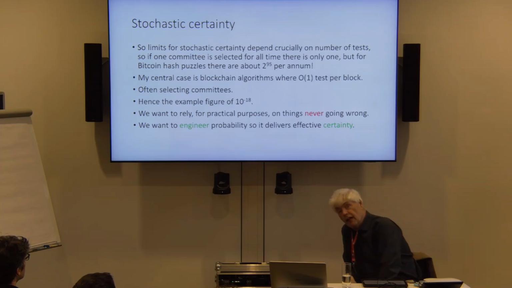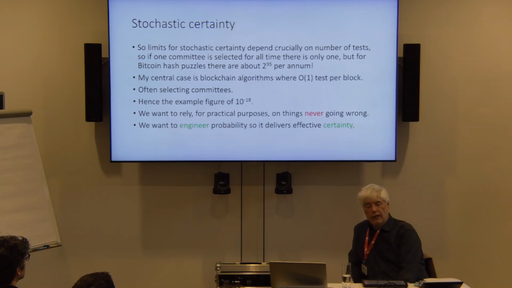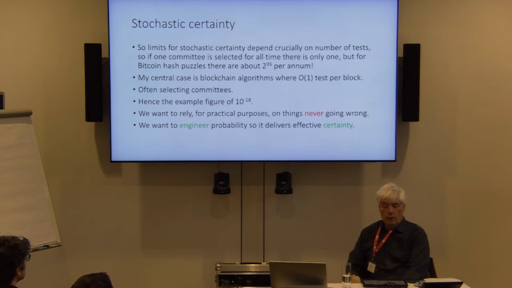So anyway, my central case that I'll be concentrating on here, though clearly you could apply this much more broadly, is blockchain algorithms where there's the order of one test per block. And I'll very often be testing committees, by which I mean groups of nodes to whom some decision is delegated. And I want to rely for practical purposes on things never going wrong.